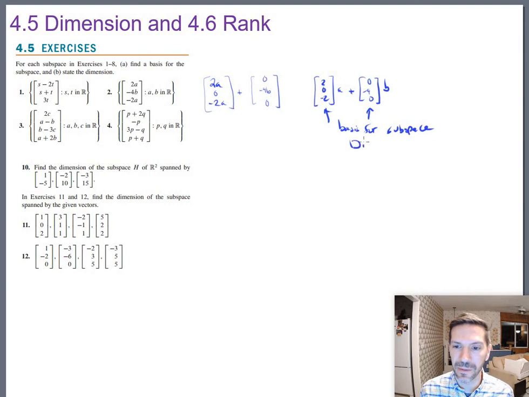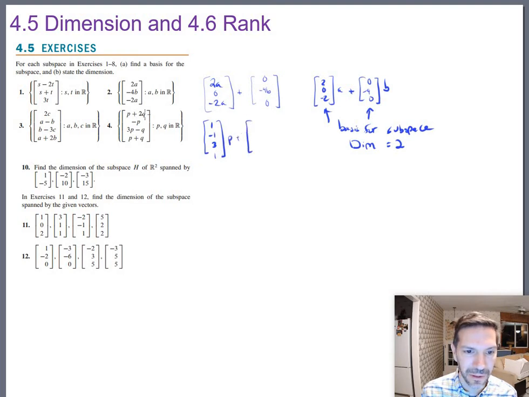And obviously the dimension of the subspace is 2, because there's two basis vectors. So you can do the same thing with number 4. Maybe I'll condense my process here a little bit. The p's are 1, negative 1, 3, 1.